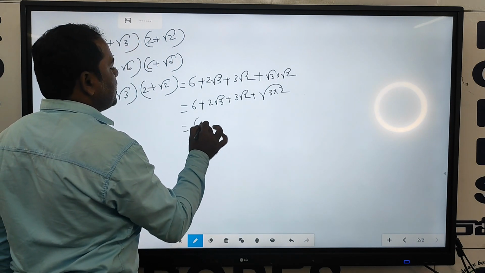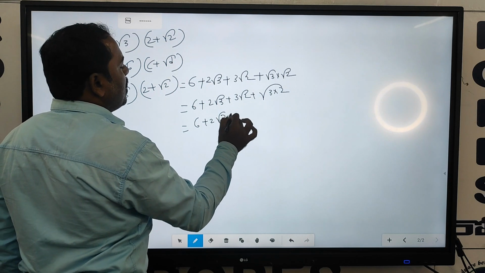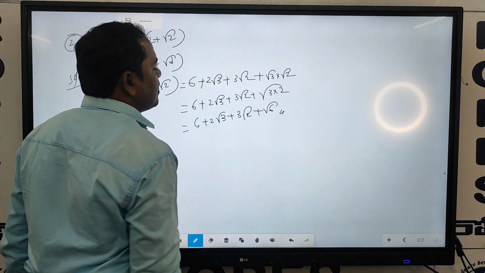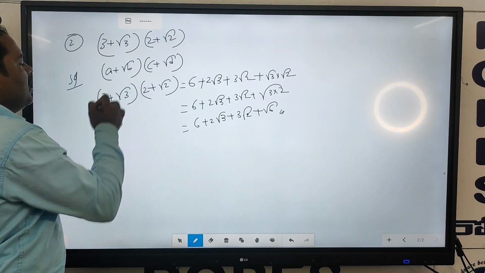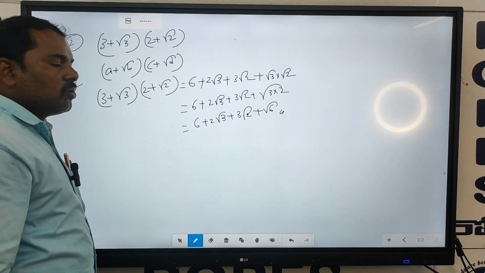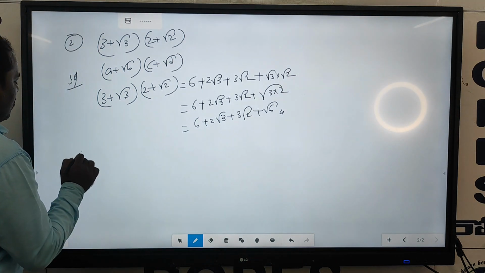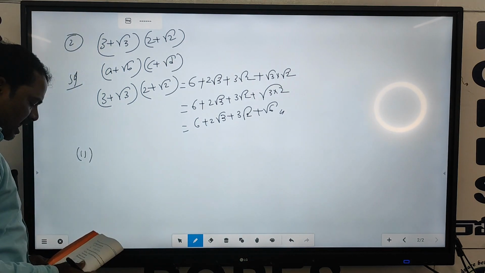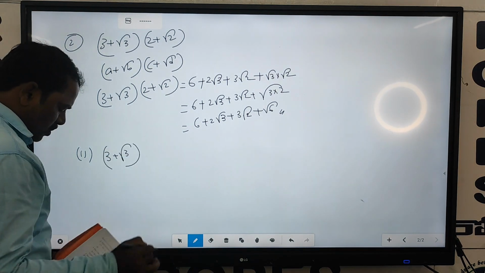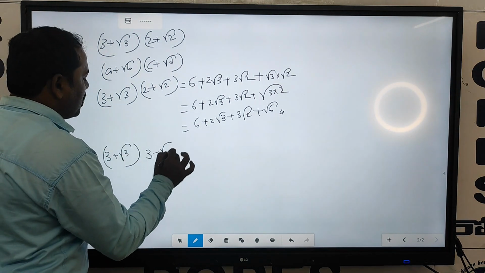Then we can write 6 plus 2 root 3 plus 3 root 2 plus root 6. This is the simplification of (3 plus root 3) and (2 plus root 2). Now next, second, 3 plus root 3 into 3 minus root 3.